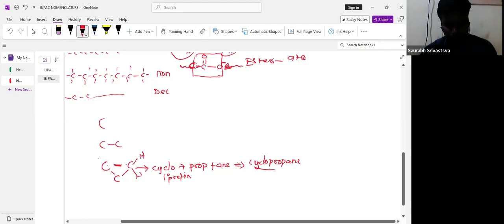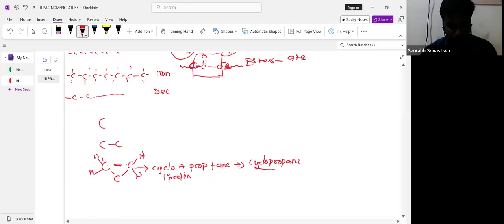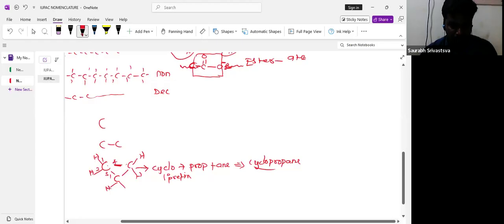Around this carbon, 1, 2, 3, 4. Next, again hydrogen, again hydrogen, again 1, 2, 3, 4. So 4 bonds. Like that we can write all the structures.